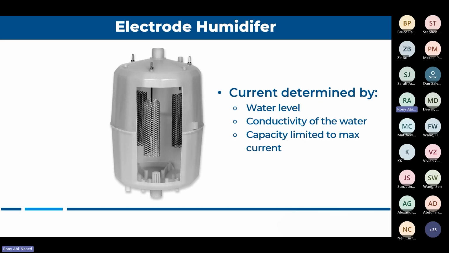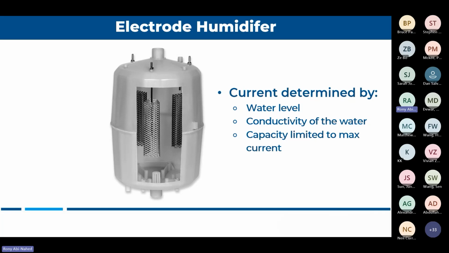So the only way to use this technology is by using your city water, because if you go with RODI, that's very pure water, there's no conductivity. If you go with a water softener, it's not a solution either, because there's a lot of salt in the water, which creates very big peaks of conductivity, which will not let the unit operate.